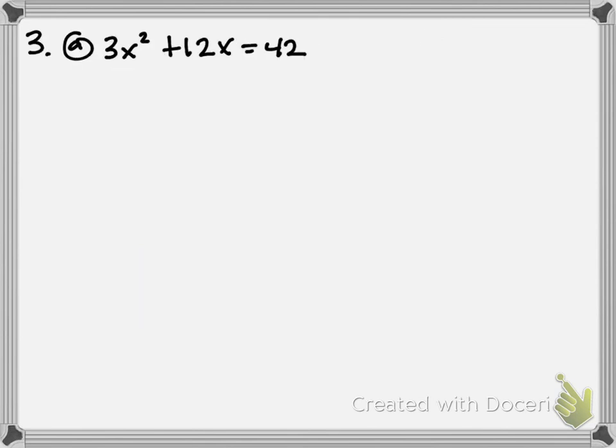So if we look at an example here, I have 3x squared plus 12x equals 42. So 3 happens to go into all of these numbers. So what I'm going to start with is dividing every term by 3. And so I get x squared plus 4x equals 14. All right, so now I have to complete the square.